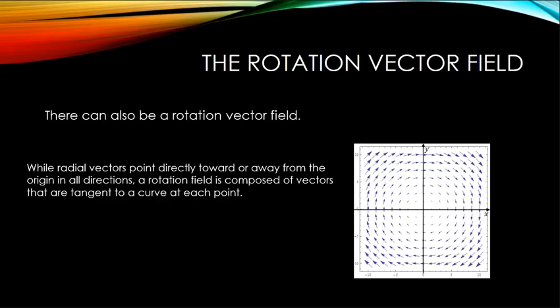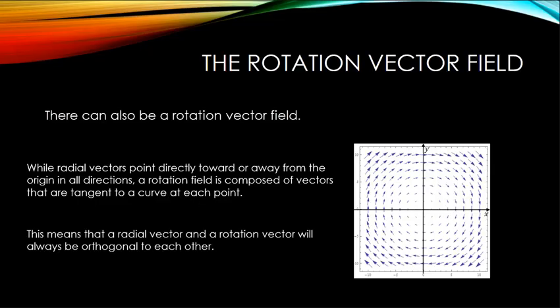One of the things that is important to note about rotation fields is that there's going to be a direction, either clockwise or counterclockwise, to these rotation fields. And the kinds of vectors we're working with will determine the direction that a rotation field has. It also means that a radial vector and a rotation vector will be orthogonal to each other at all points.